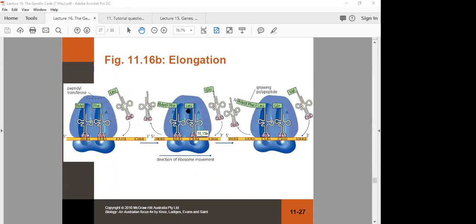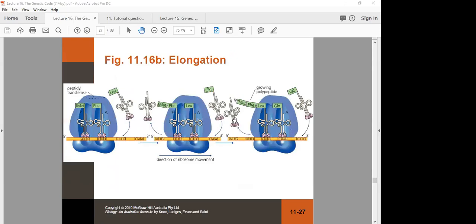All right, so what's happened so far? Now we've got 3 amino acids forming our new polypeptide. So once these 2 have been transferred over here as a result of the formation of a peptide bond between them, this transfer RNA is now free to leave. Sorry, we can see it over here in this diagram.